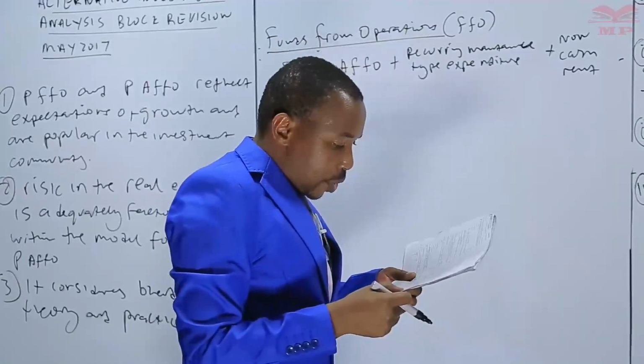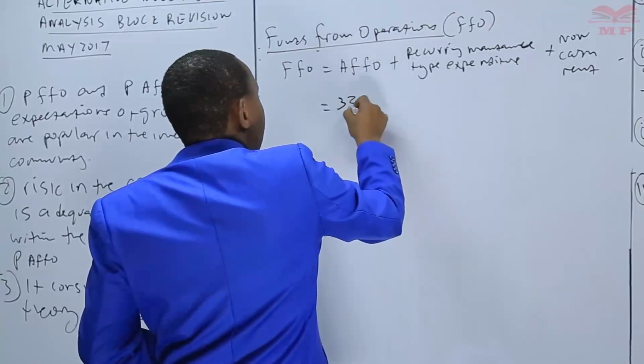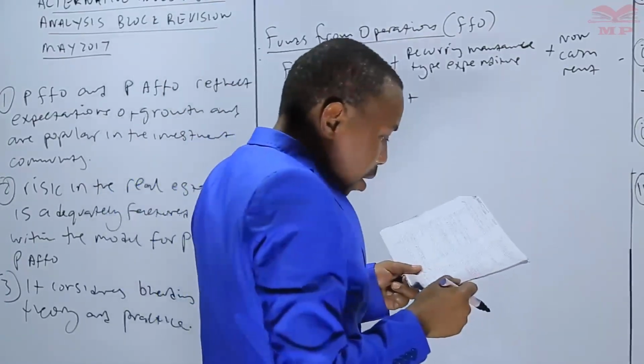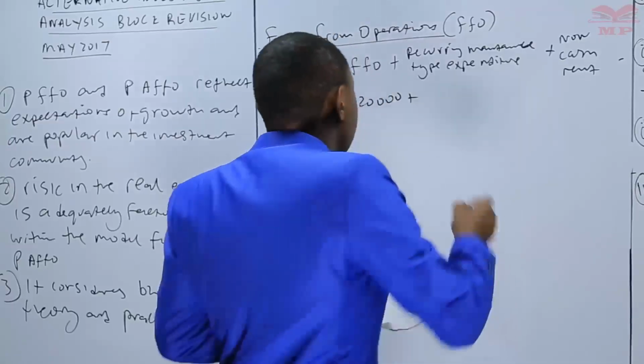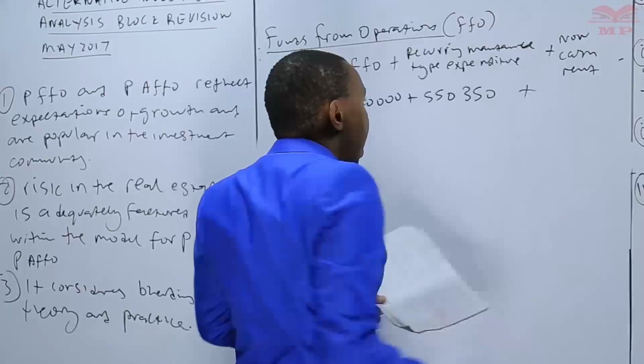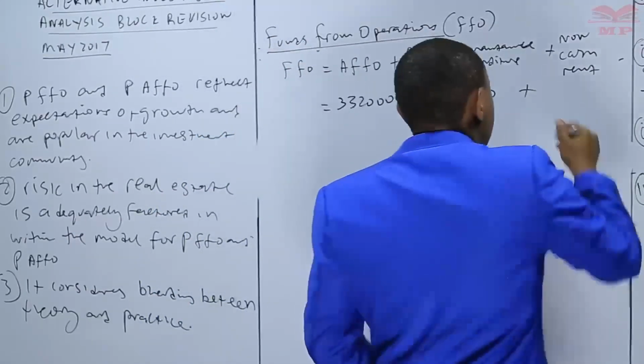Adding non-cash rent, the AFFO we've already been given is 3,320,000, plus recurring maintenance-type capital expenditure of 550,350. Then we add the non-cash rent, which is 207,430.